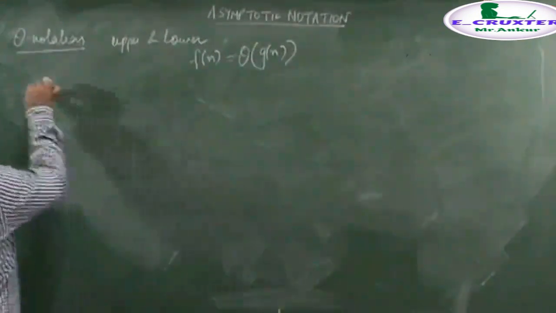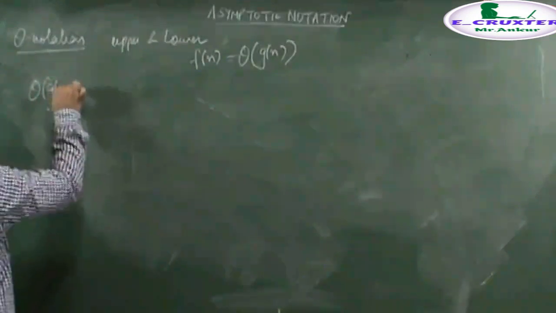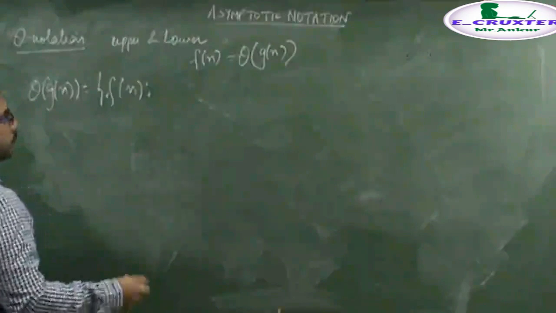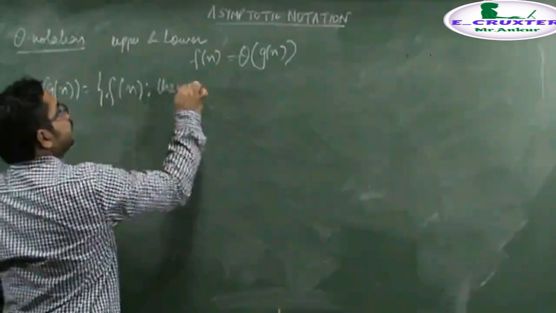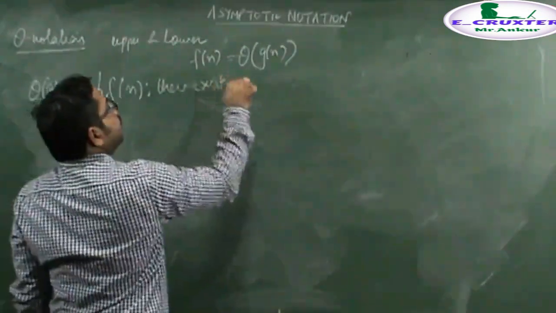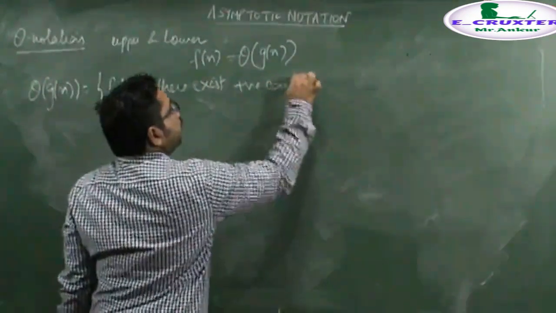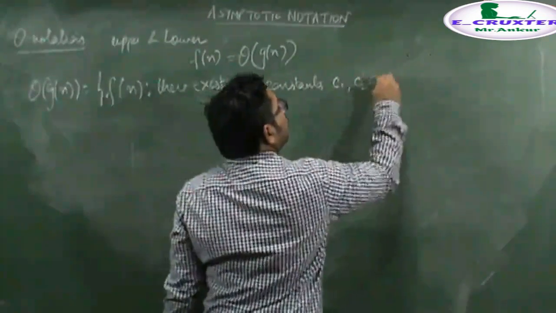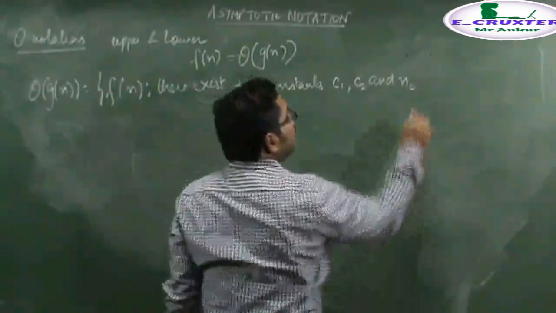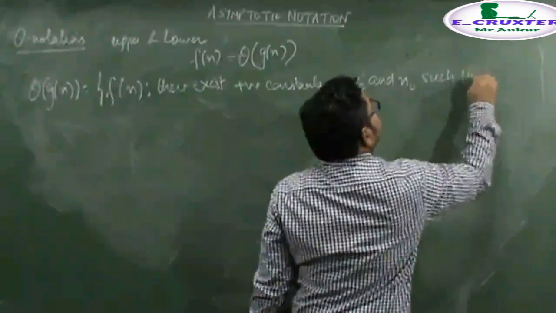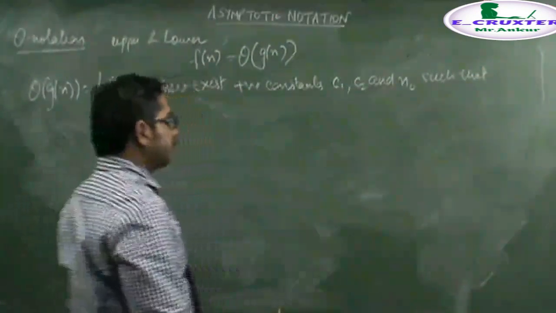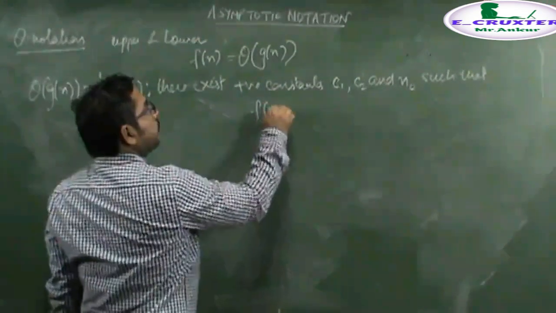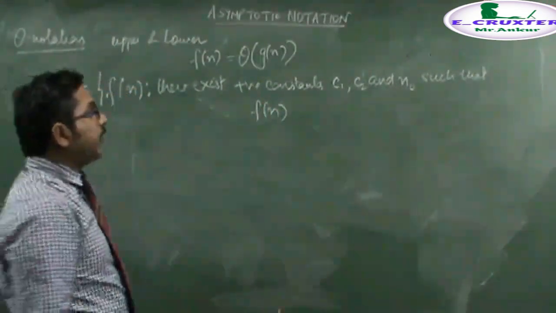Mathematically, you can write that theta of g(n) is equal to f(n) such that there exist positive constants C1, C2 and n naught such that, if there is an f(n) function, then the g(n) function is acting as the upper bound.